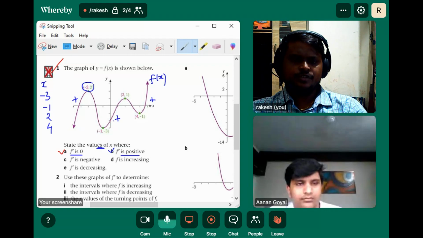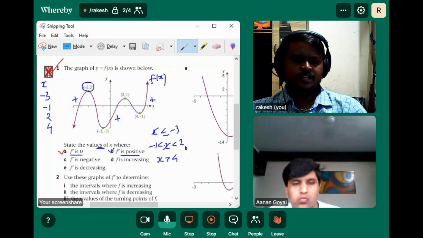So you have to mention the intervals. Means x less than -3, the curve is increasing, right? X between -1 and 2, the curve is increasing. X greater than 4, the curve is increasing, right? Or the gradient is positive.